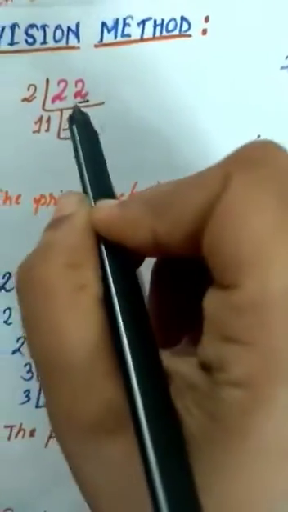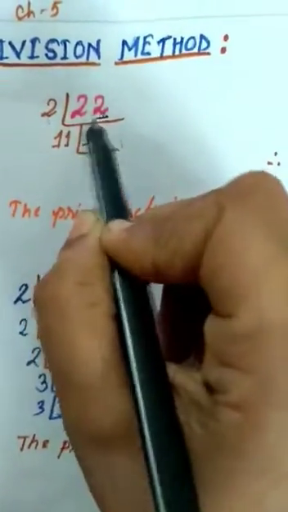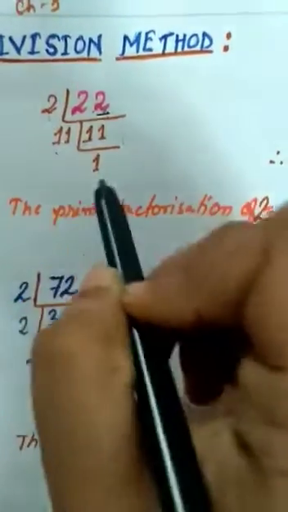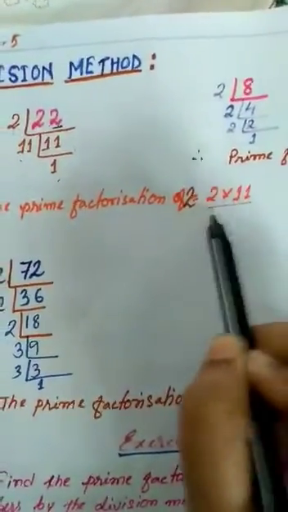So that's why we have divided it by 2. Now 11 divided by 11 is 1, so the prime factorization of 22 will be 2 into 11.